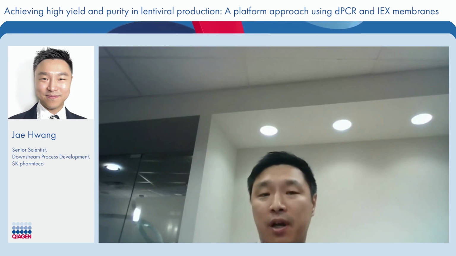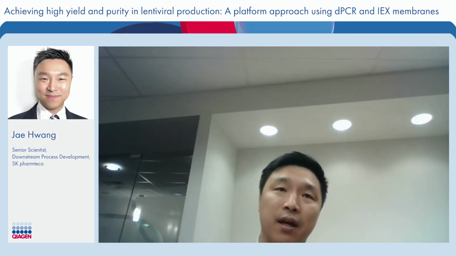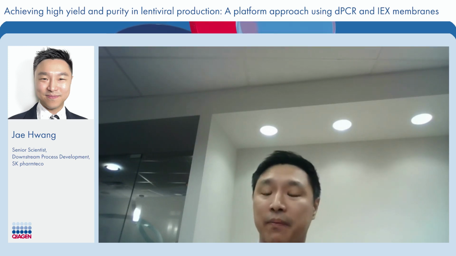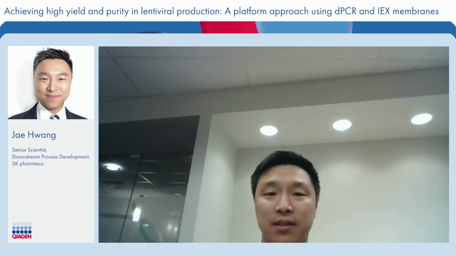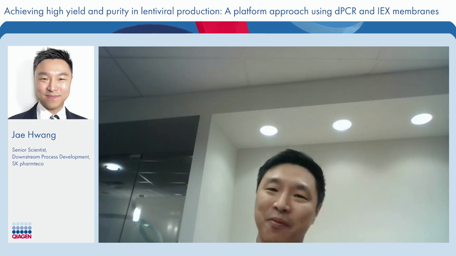But we are very confident because our whole cell protein clearance and the entire downstream process is very good. Our TFF step can essentially remove the whole cell DNA very easily, so we aren't too concerned about that portion.